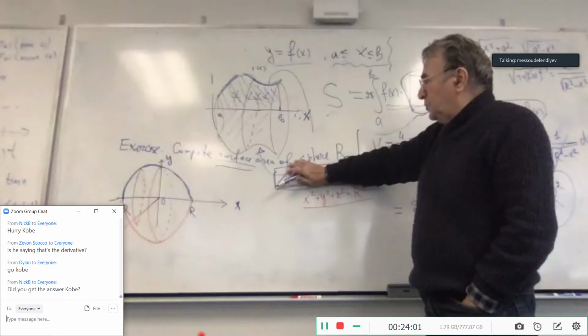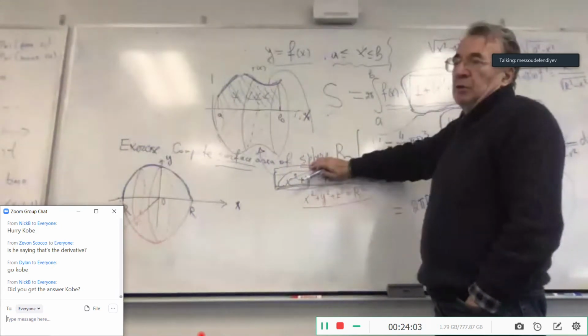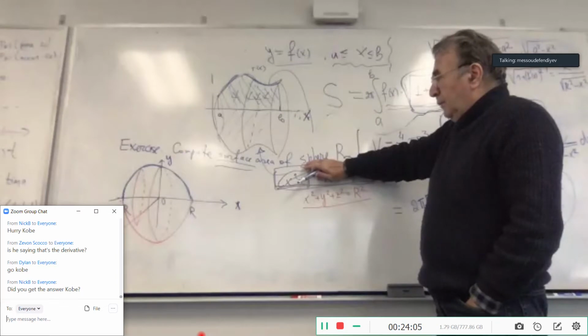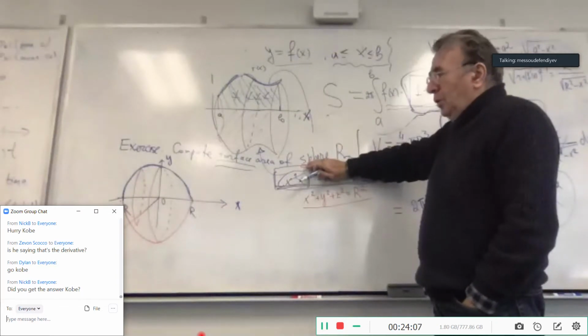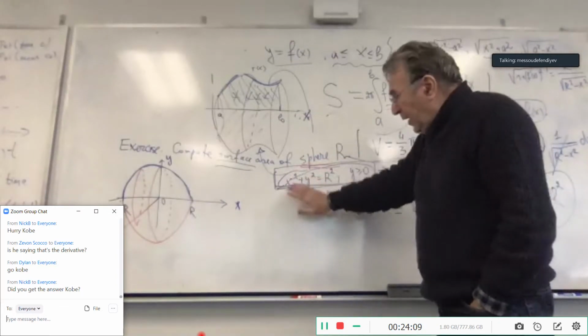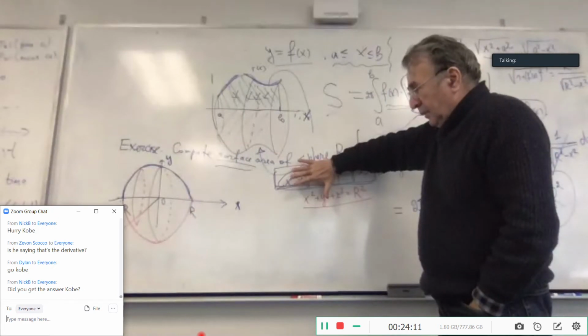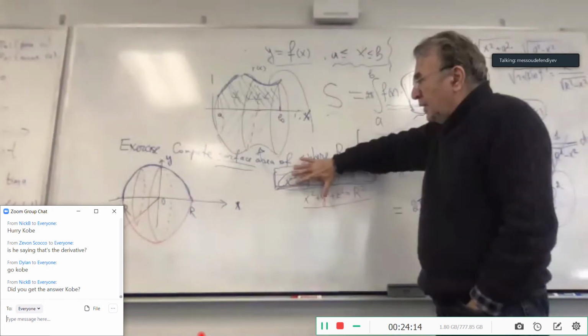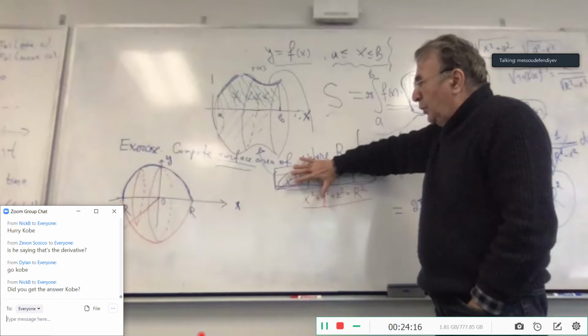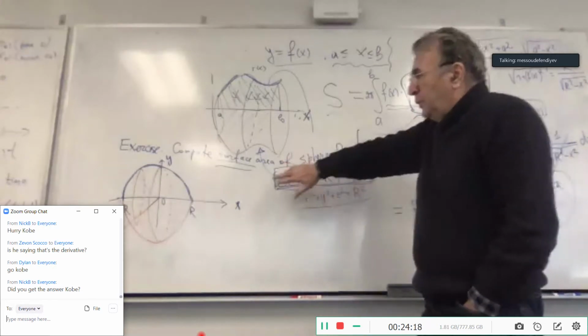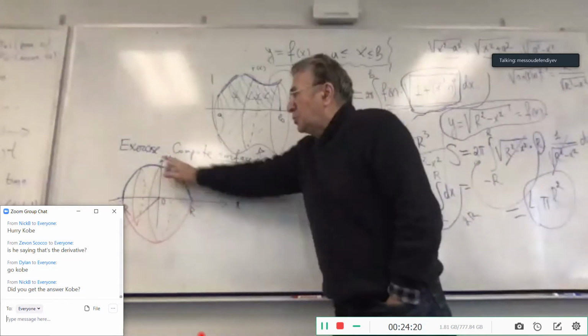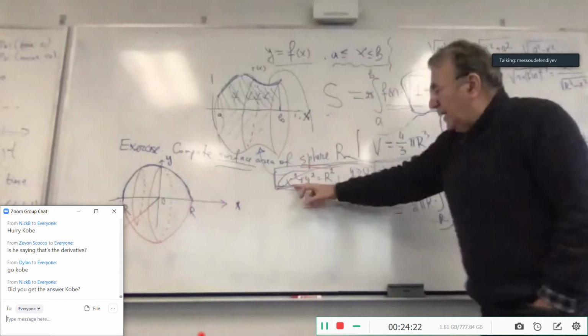if you have to compute the surface area of a sphere with radius 1/2 or something like this, you have to know that this function may not be given. It could be the case, and that means you know that the sphere can be obtained by the reflection of the semicircle. The semicircle has this formula.